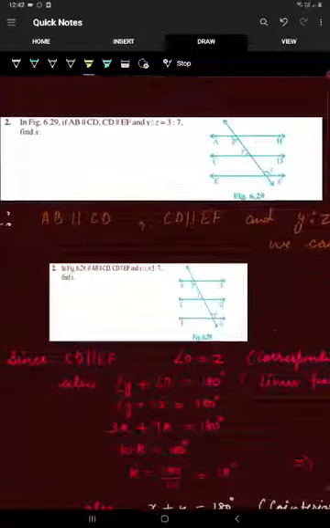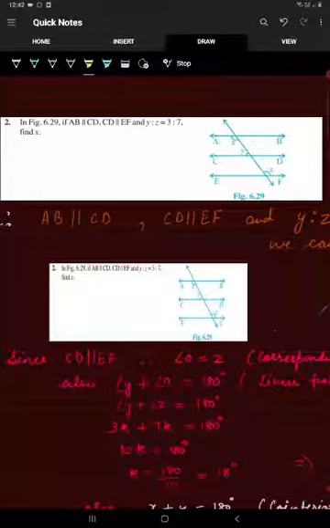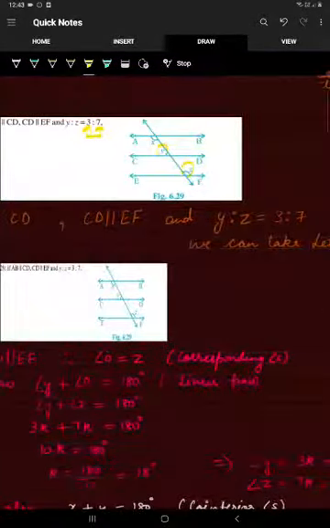Again, if you observe this figure, in figure 6.29, AB is parallel to CD, CD is parallel to EF, and the ratio of the two angles y and z is given to be 3:7, and we have to find the value of the unknown x. Here a set of three lines is given to be parallel.